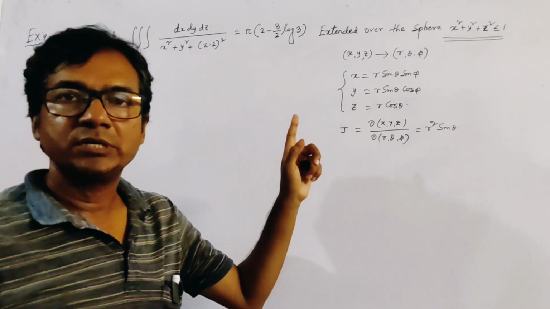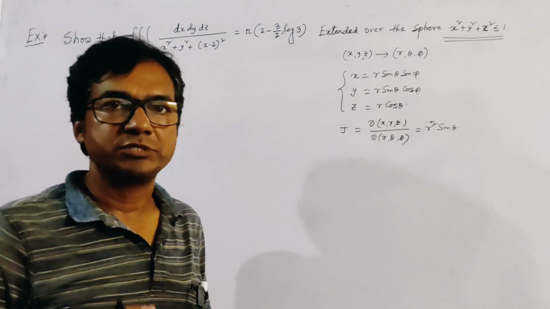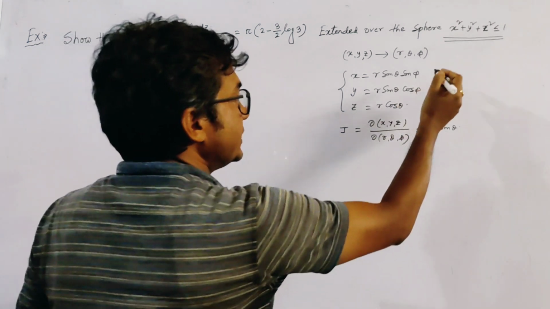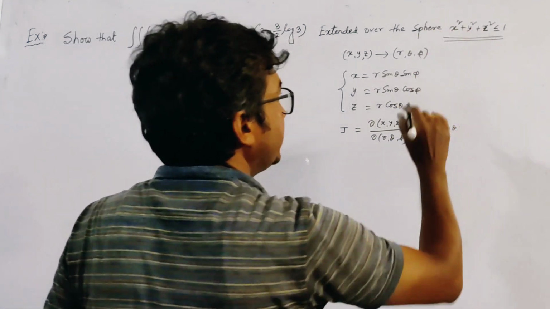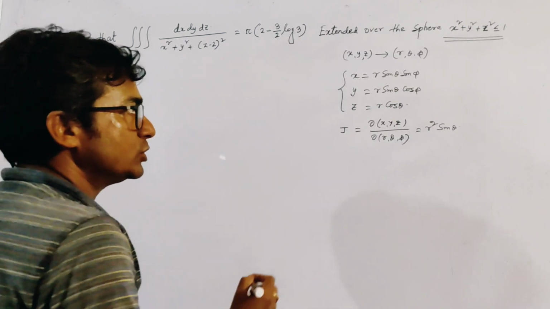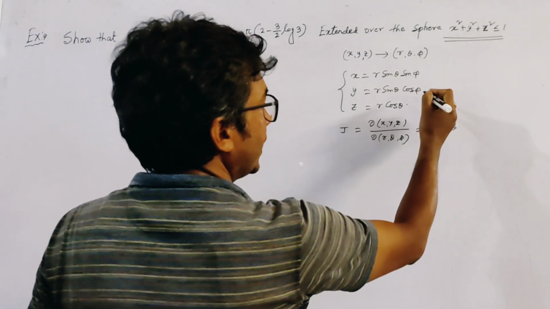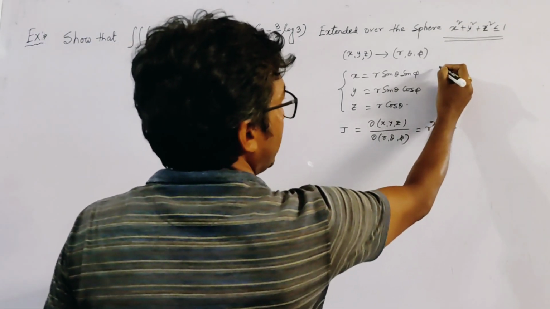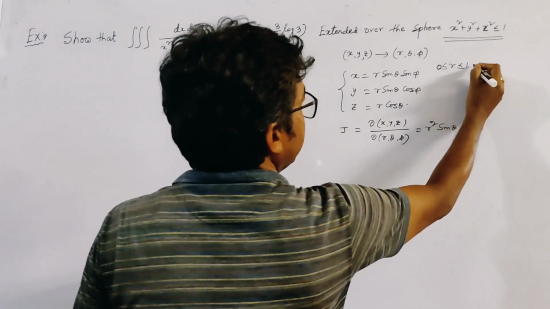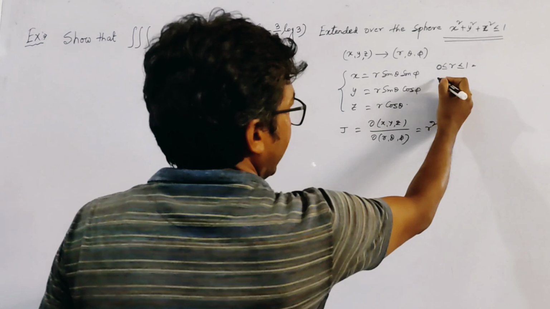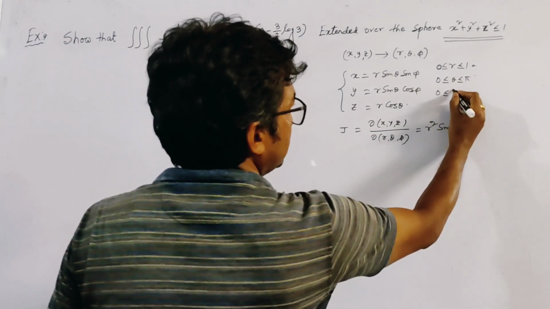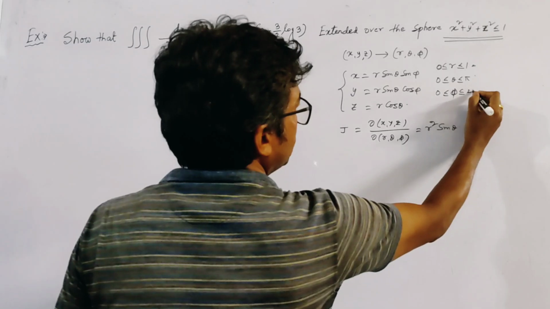The link of that class is also given in the description box. Since the volume of integration is the whole unit sphere, the ranges of integration are: r from 0 to 1, which is the radius of the sphere, theta from 0 to pi, and phi from 0 to 2 pi.